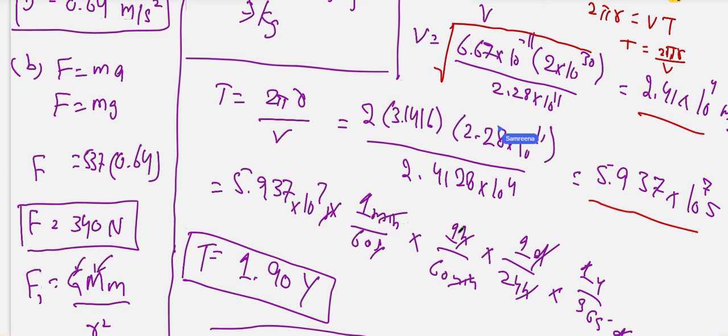Then in terms of days, we have 365 days in a year, so we can cancel the days with this one, and then it will be converted into years. So at the end we are going to divide this value by 60 times 60 times 24 times 365, and we will get our required answer in terms of years.